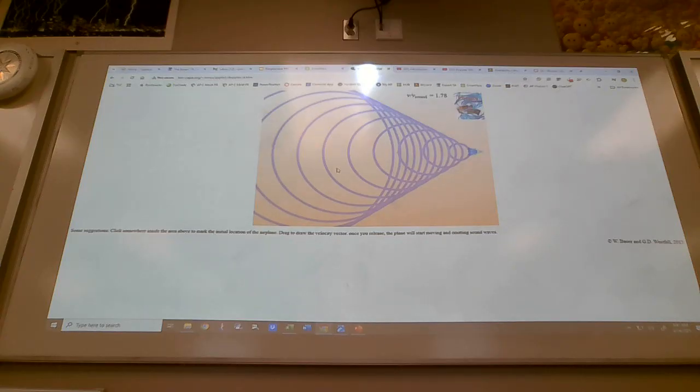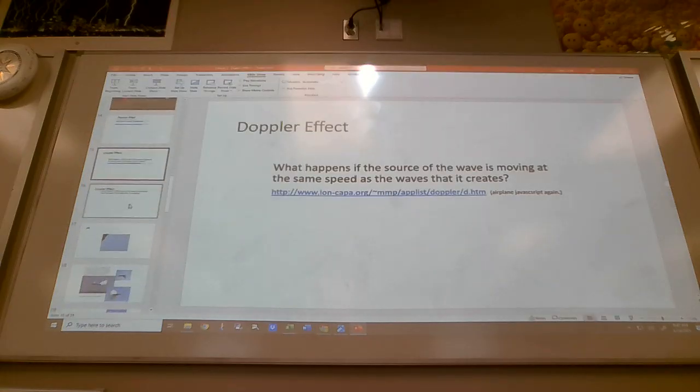As you go faster, the wake gets more narrow. It'll spread out eventually. Okay. This is exactly what happens when you go faster than the speed of sound. You create this wake that's perceived as a sonic boom. Okay?